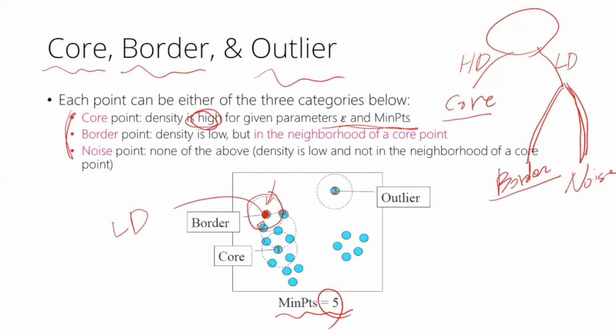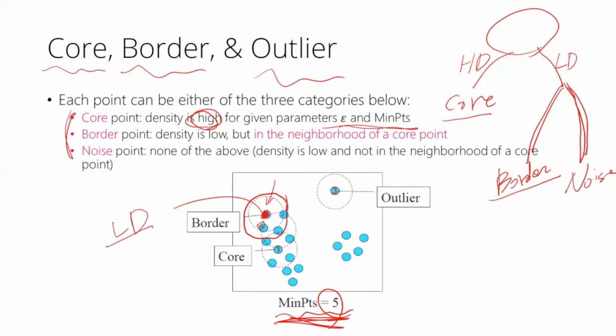In fact, this diagram is a little misleading. I think they all need to be within the same neighborhood. Still, this point over here has only 3 neighbors, and according to this scheme, it is a low density point.